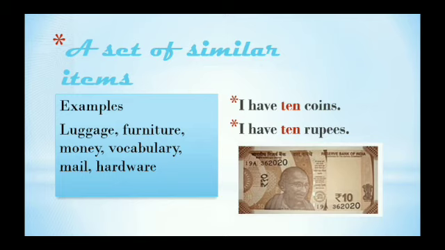So the word money is an uncountable noun, but we can count coins, rupees, dollars, euros. The same with other examples given here. Furniture. We don't say furnitures. It's wrong. We just say furniture because it's an uncountable noun. Vocabulary. Mail, hardware, luggage. These are all uncountable nouns.